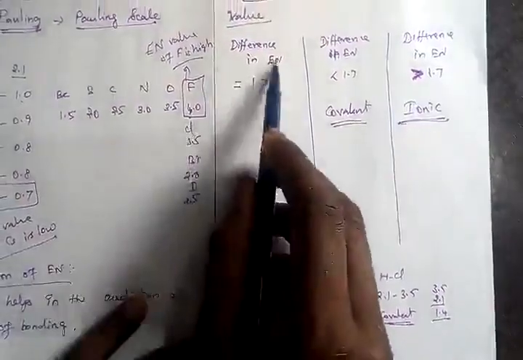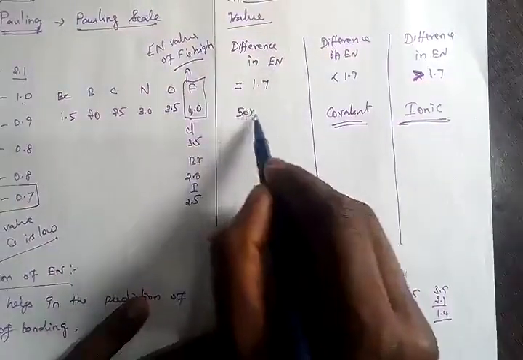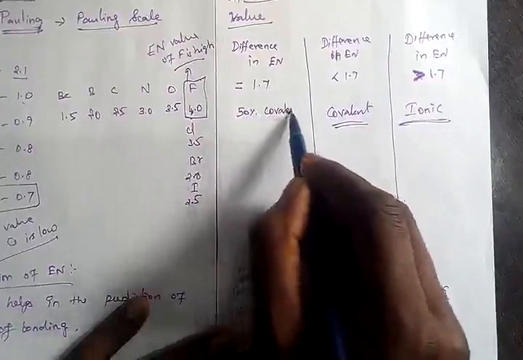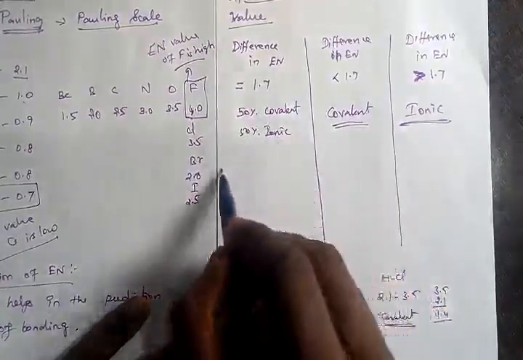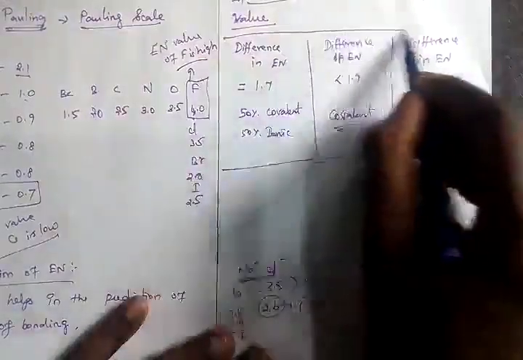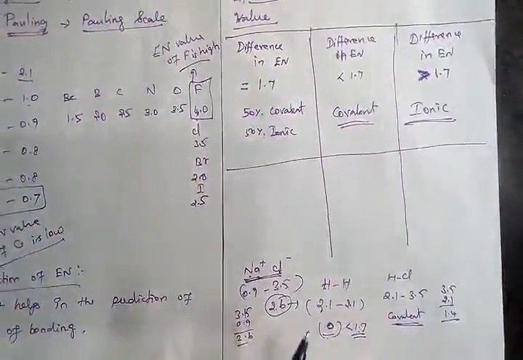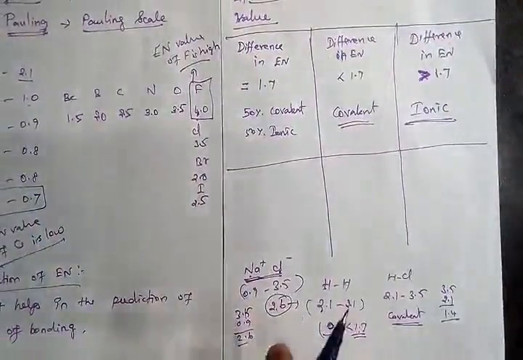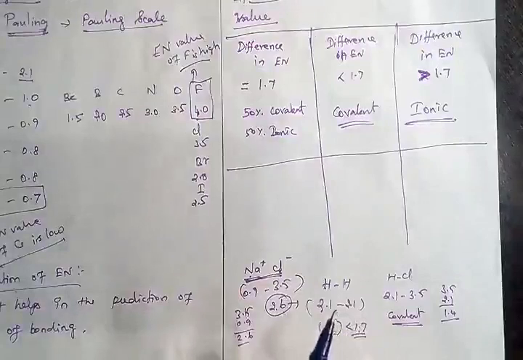If the difference in the electronegativity is exactly 1.7, the bond is 50% covalent and 50% ionic. This is what you have to understand. So this is the application of electronegativity, my dear children. Got it? This is small information, but it's a very good idea to remember.